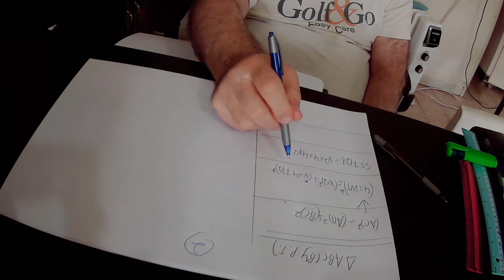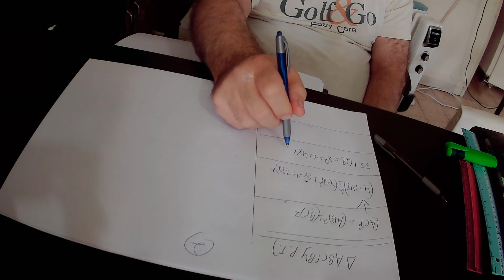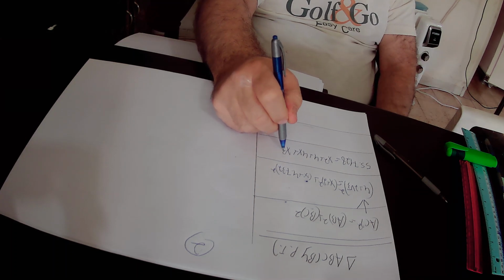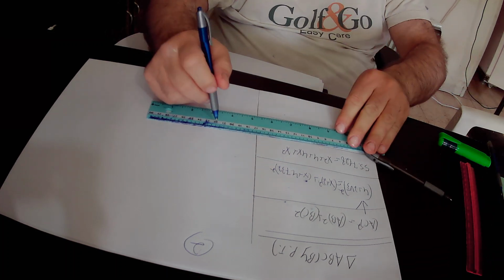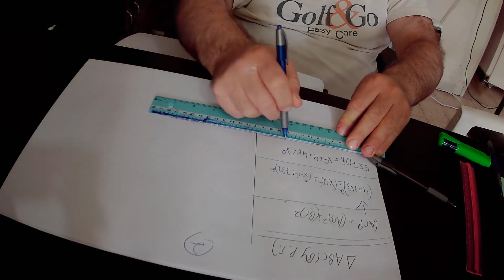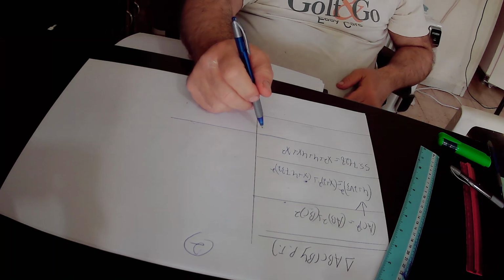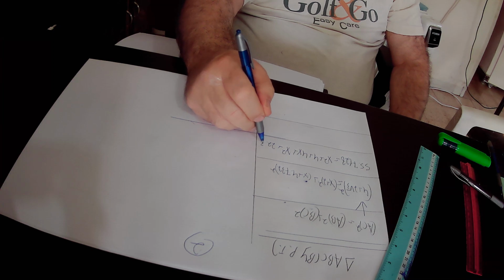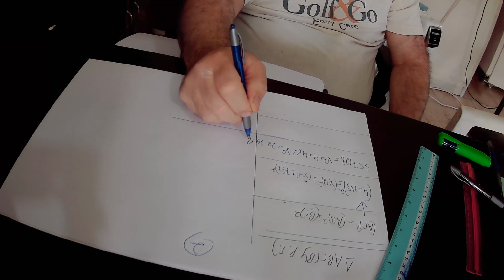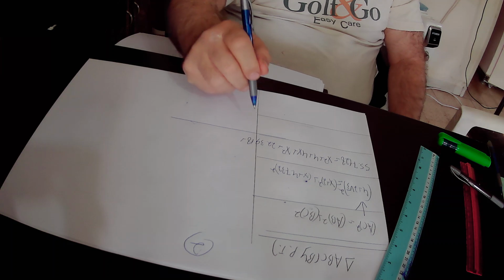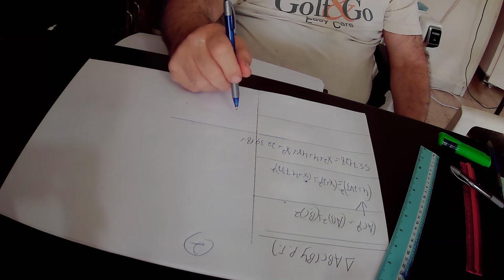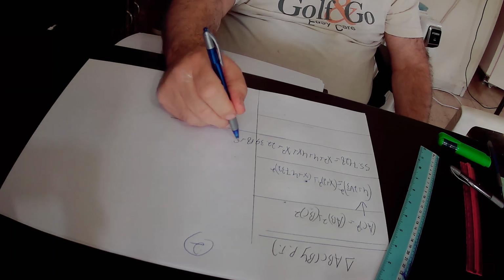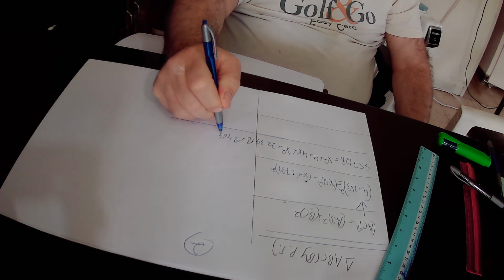X plus 4.732 squared equals x square plus 4.732 squared, that is 22.3918, plus 2 times x times 4.732, that is 9.464x.